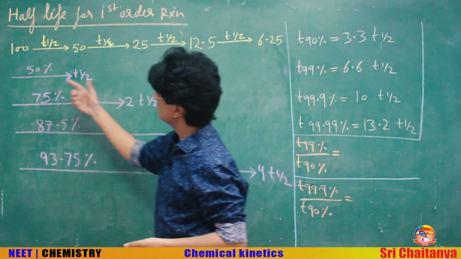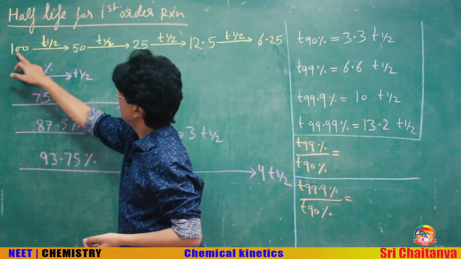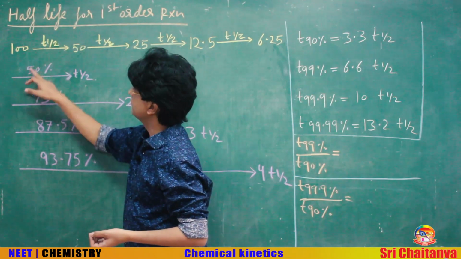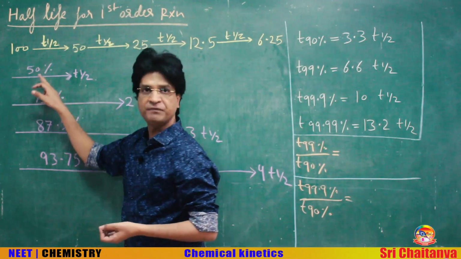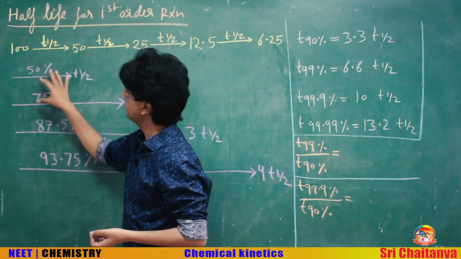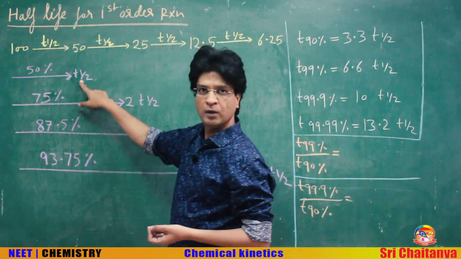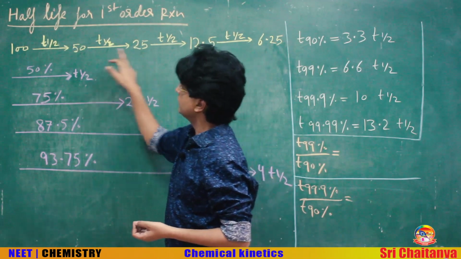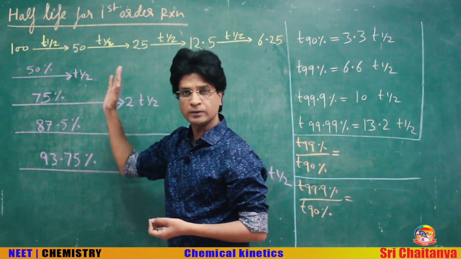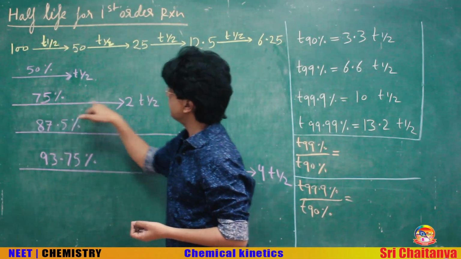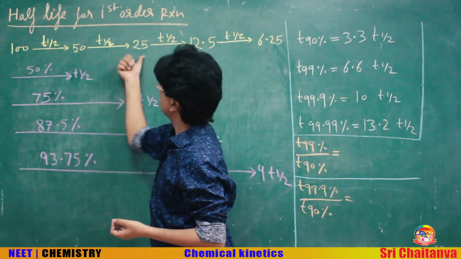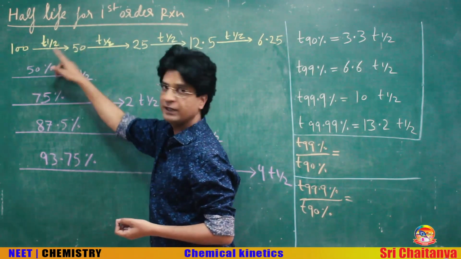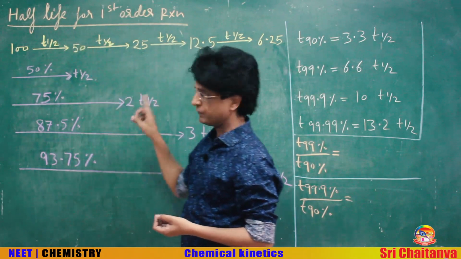Now see, what I am saying is that when I complete one half-life, I have completed 50% of the reaction. That means 50% reaction will be completed in one half-life. But when I go from 100 to 25, 75% of the reaction is over. How many half-lives have we covered? We have covered 2 half-lives.